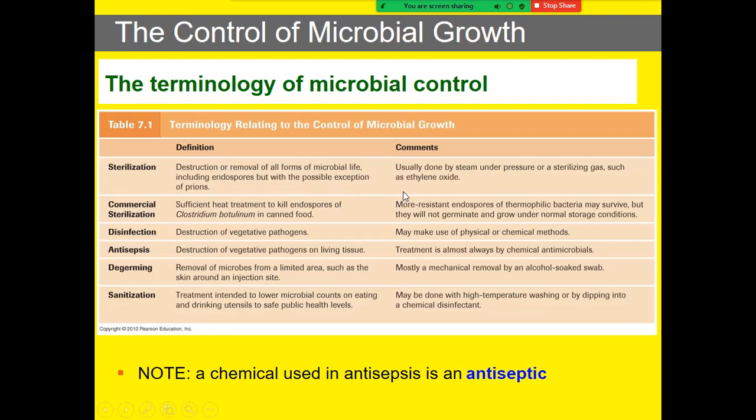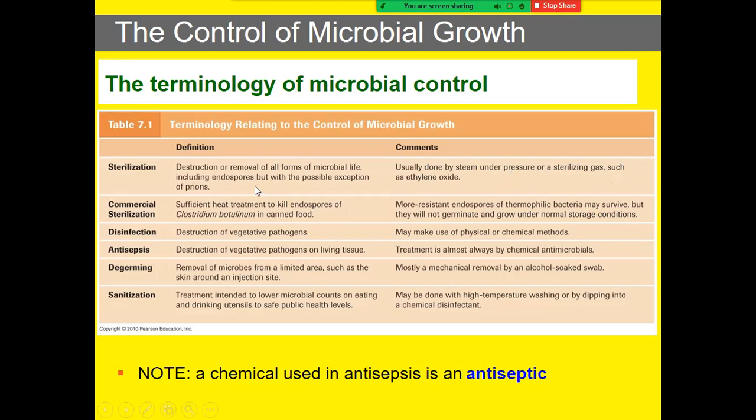Sterilization in the microbiology lab is usually done using an autoclave, using steam under pressure, although there are other ways to sterilize, like using sterilizing gas, ethylene oxide, or what's the other way? Oh, you could use a peroxide.